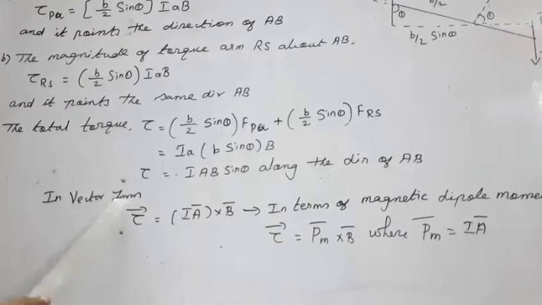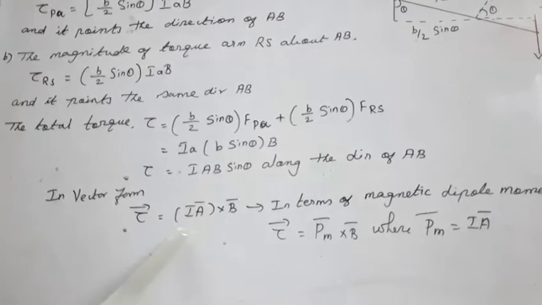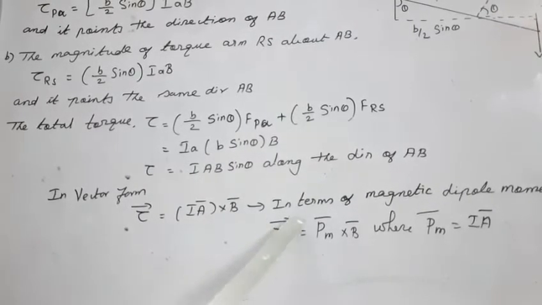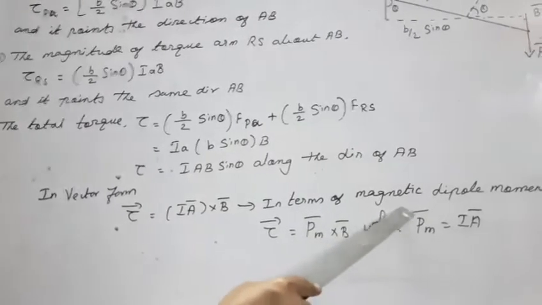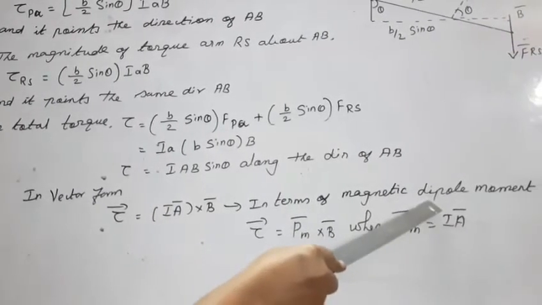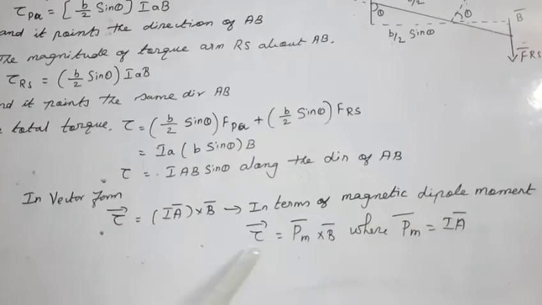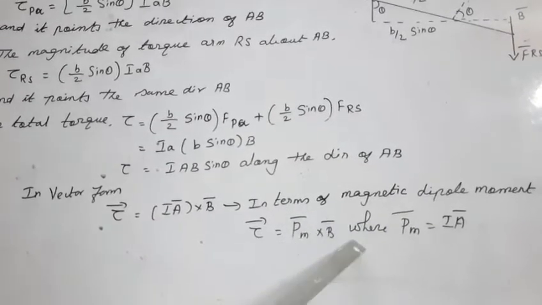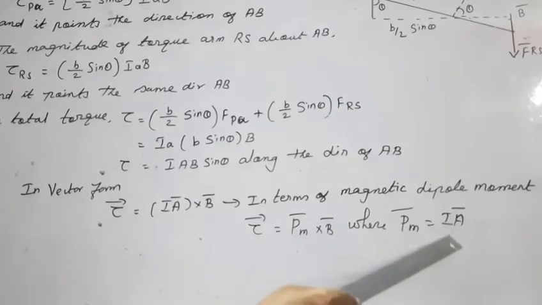Therefore, in vector form, tau vector equals IA vector cross B vector. The above equation can be written in the form of magnetic dipole moment. Therefore, tau vector equals PM vector cross B vector, where PM vector equals IA vector.